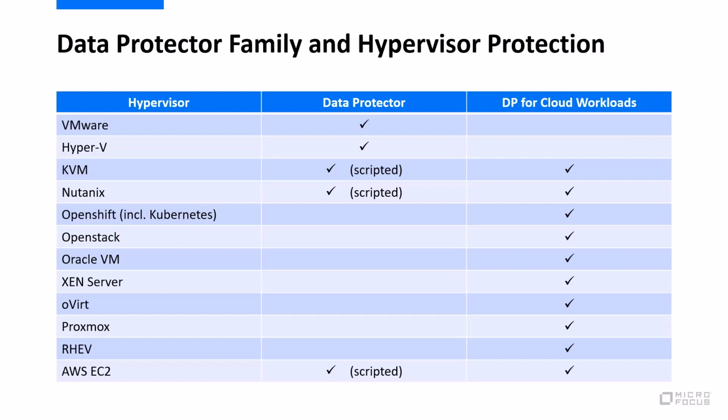And Data Protector for Cloud Workloads is now coming on board into the family to support all the remaining hypervisors where scripted solutions were used in the past or where we didn't have any kind of support statement at all. And in this presentation, I'm running you through especially those items that just came on board brand new.